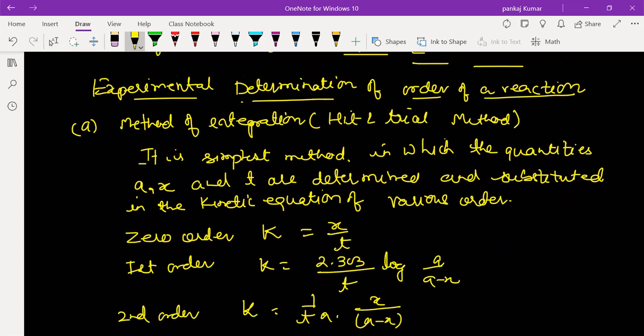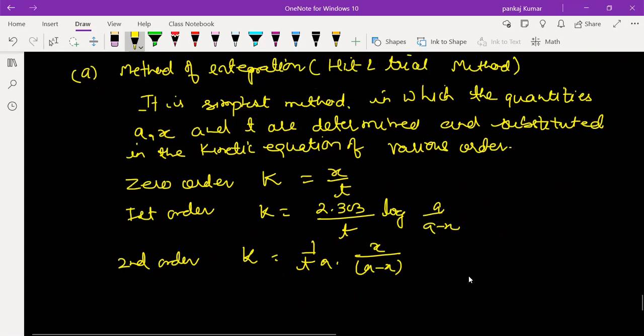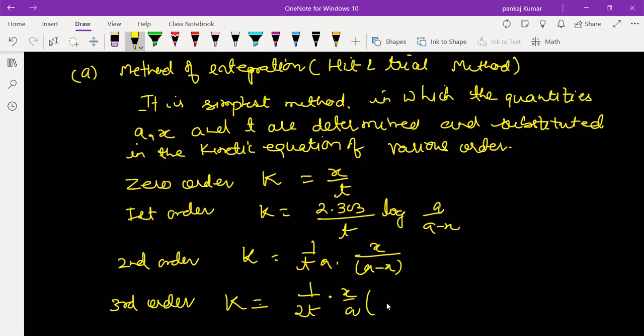Similarly, for the third order, k will be equal to 1 by 2t, into x by a, which is equal to 2a minus x divided by a minus x whole square.